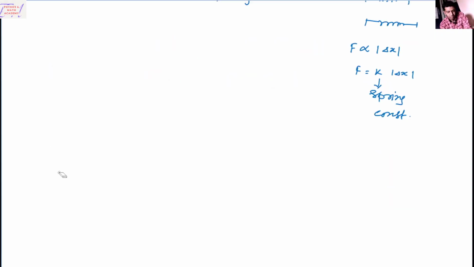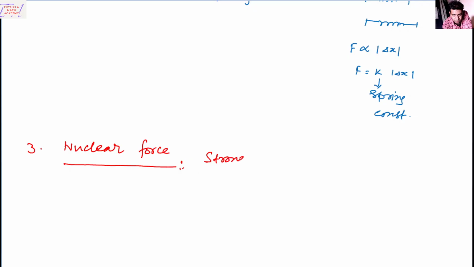Now I'm talking about another type of force, that is nuclear force. So what are the characteristics of nuclear force? It is a strong force. It acts in a very short range.